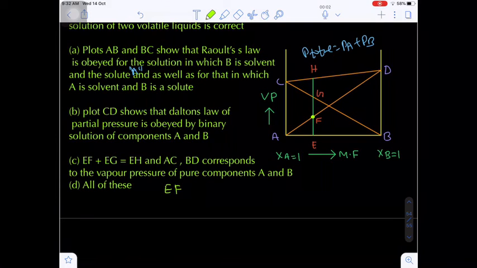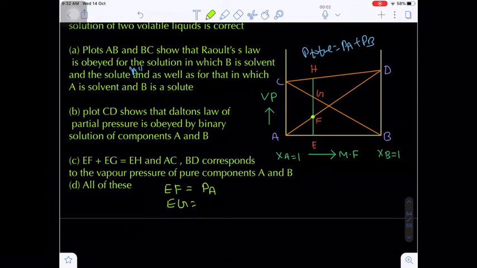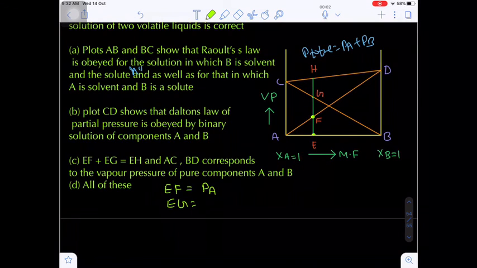E to F corresponds to the partial pressure of component A. Are you getting my point? And next, E to G. This corresponds to the pressure of component B, the pressure of component B at a particular composition.